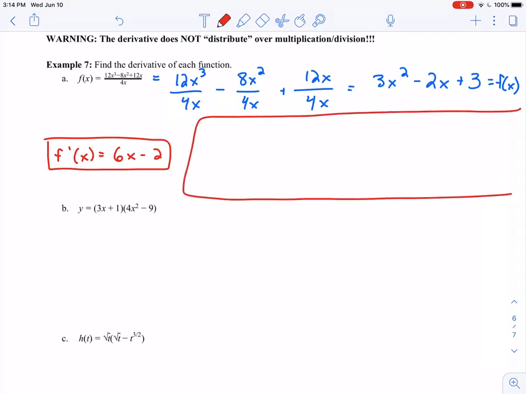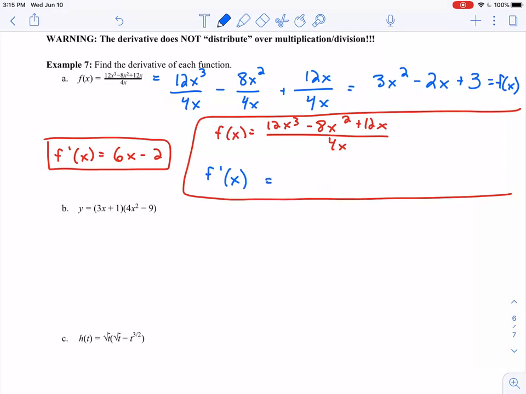If I was working with f of x equals 12x cubed minus 8x squared plus 12x all over 4x, and the derivative worked the way I think a lot of us would like, I would just take the derivative of the numerator, take the derivative of the denominator, and divide the two. That's what you would almost do intuitively.